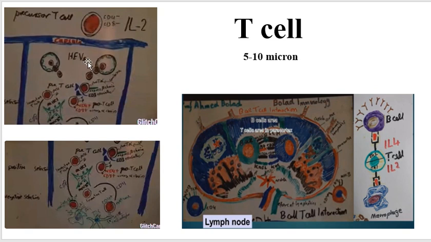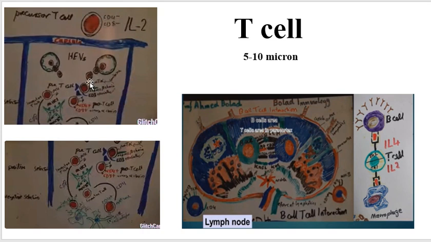Then within the cortex of the thymus gland, they interact with thymic epithelial cells, where they further differentiate into CD4 and CD8 positive, and then further into either CD4 or CD8 positive.